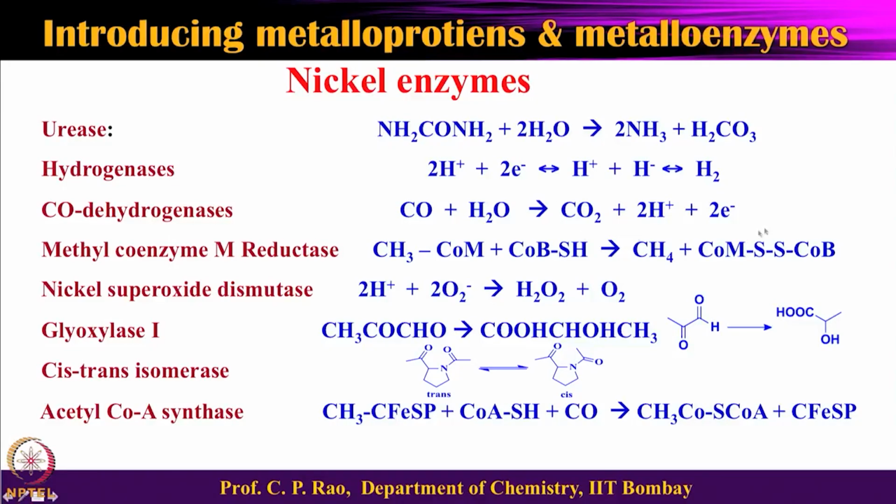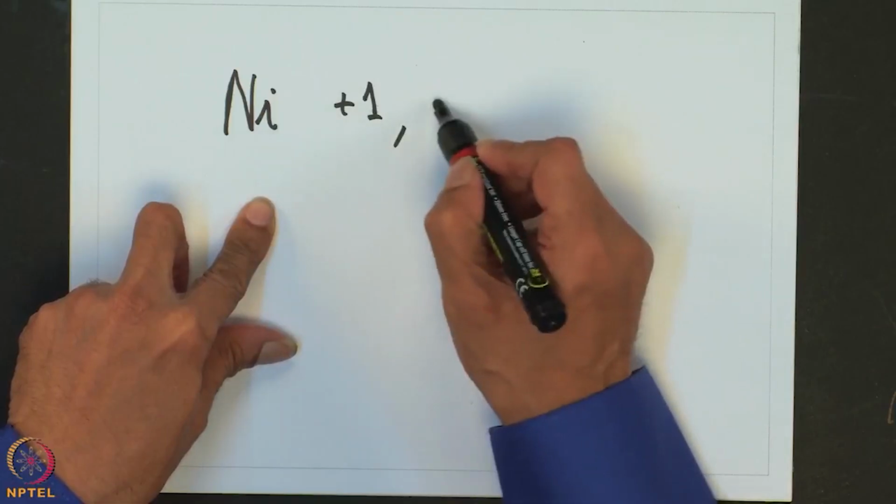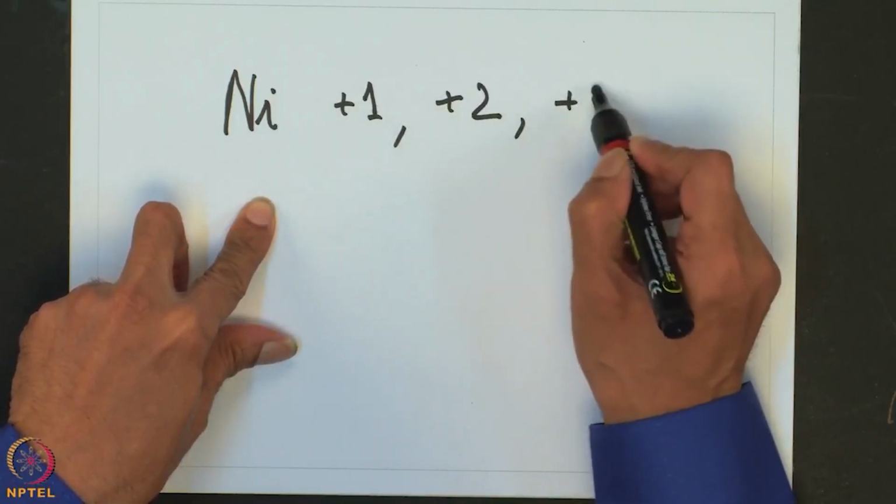Other thing which is not seen here clearly, which you will see later on when we look at the mechanism, is that the nickel in these enzymes undergoes a redox very facilely from nickel 2 either to the oxidized form nickel 3 or the reduced form nickel 1. So, that means nickel plus 1, nickel plus 2 and nickel plus 3, these are the three kinds of things which are essential.